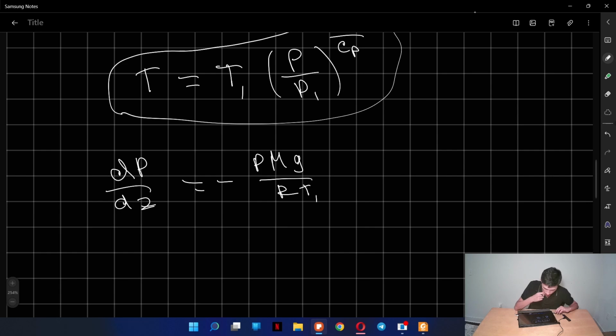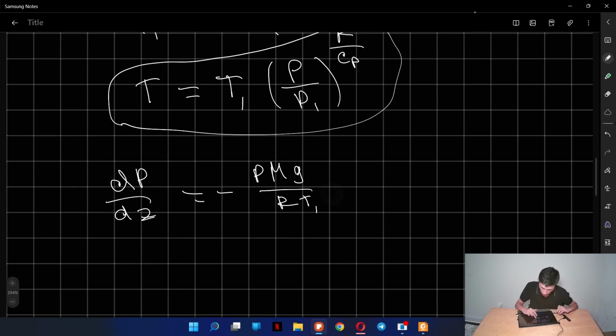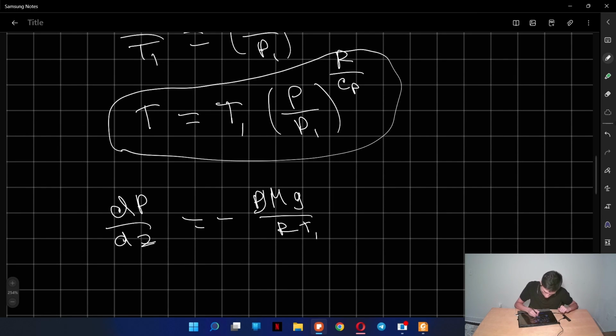And the pressure, we have one pressure here, and it's going to become 1 plus to the power of our pressure, R over Cp plus.